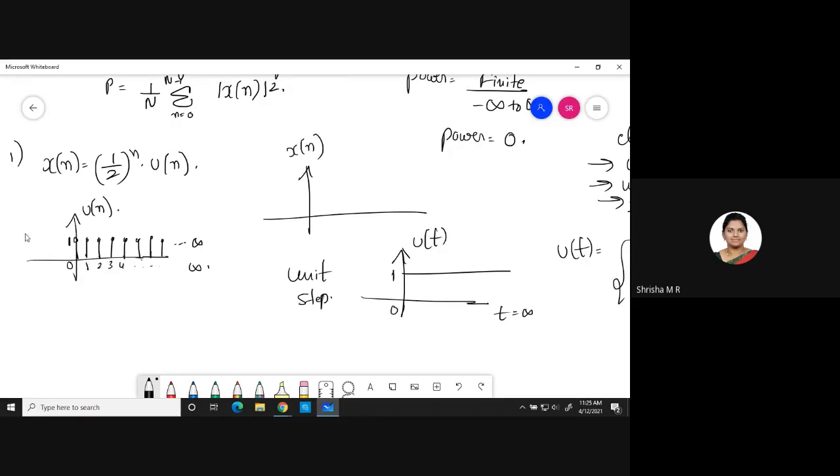The amplitude will be 1 from 0 up to infinity. I'll write the definition here also. U of n is equal to 1 for n greater than or equal to 0, and 0 for n less than 0. Got it? U of n? Clear, everyone? What is u of n, u of t?